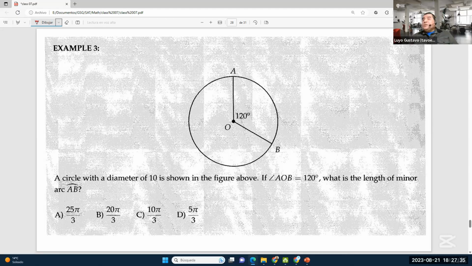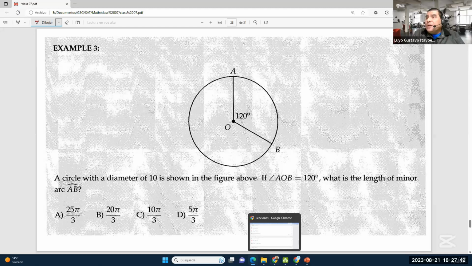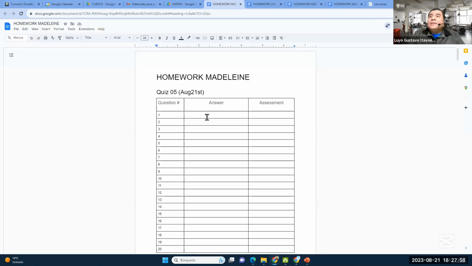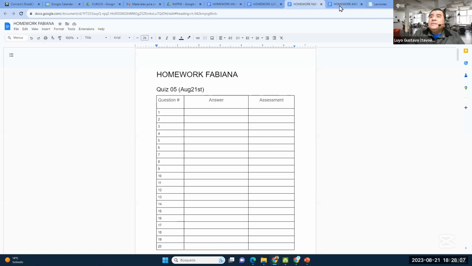Remember that when we finish this, you'll have 25 minutes to do the next quiz, okay? So get ready for it. As you continue doing this, let me remind you that in all your homework documents, I've already created a table where to fill the answers, second column, remember, only second column, the answer for today's quiz number 5, okay?